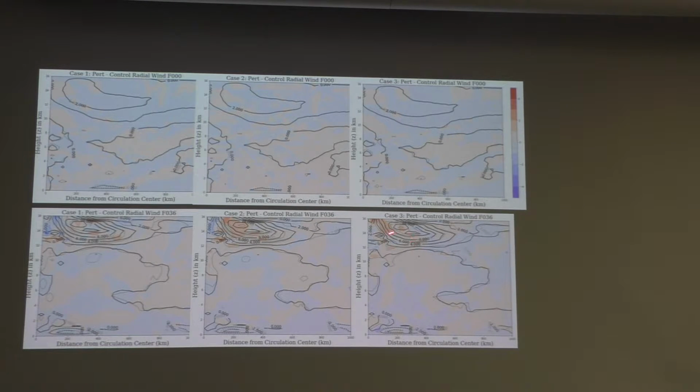You still see the maximum differences occurring in more of the outflow layer, but it's not as clear of a depiction of what's happening. You do see a slightly stronger inflow also at the surface that evolves, but it's not as clear.